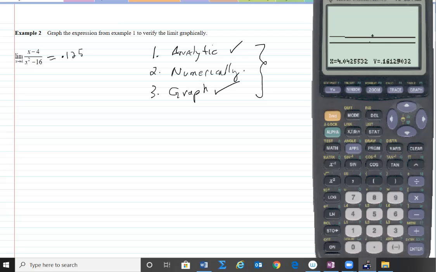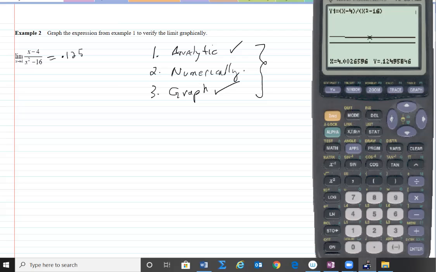Let's see how that affects things. Don't forget to press the trace button because we're not actually on the graph right now, not on the curve. So press your trace, and you can jump right to 4 if you want, and then go a little to the right. Notice the change in x was about 0.02.